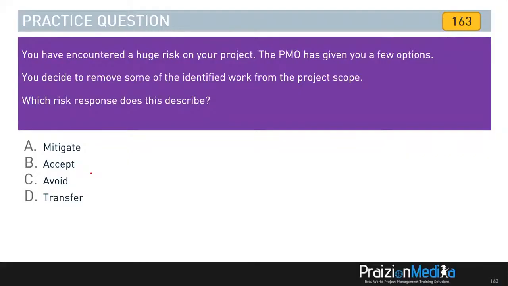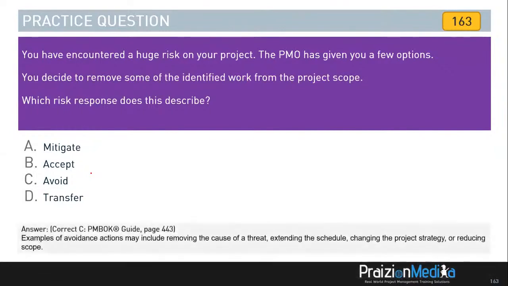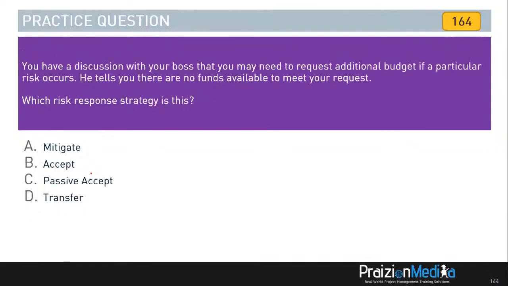Okay. 3, 2, and 1. If you need more time, hit the pause button. So if you've removed some scope, similar to what we just discussed, the best answer is C. It's avoid. It's the same approach, whether you're in the world of agile, hybrid, or predictive.